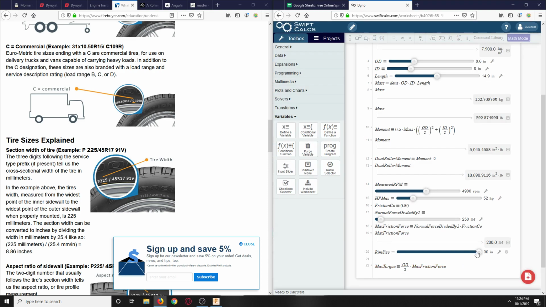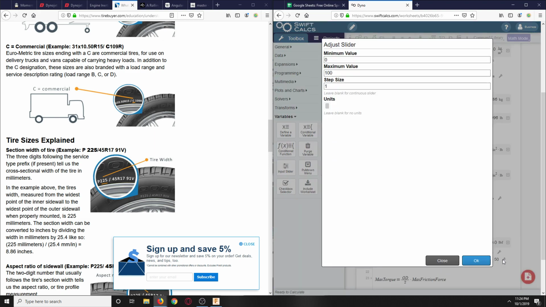I believe they are 14s on the Rabbit and the Mustang. Then the next one is going to be tire thickness, in millimeters, and SwiftCalcs will change that for me. So here we see that this is 45.